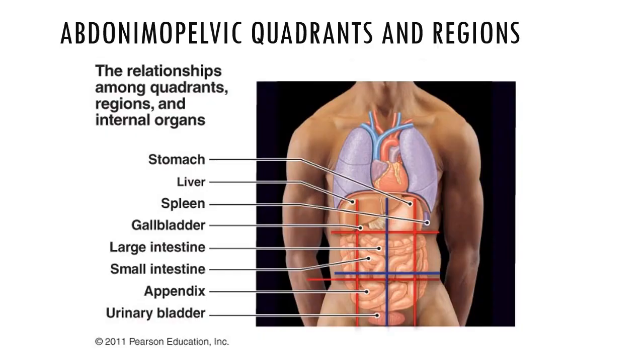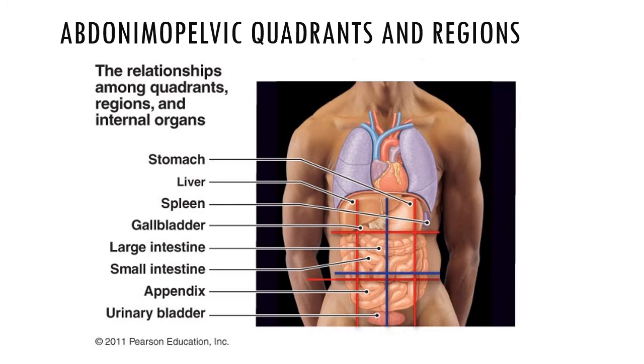Now, the abdominal and pelvic region has a lot of organs in it, so we've divided it up. We can divide it up into 4 quadrants, or we can divide it up into 9 regions. And it's important to know these quadrants and regions and what organ resides in them when you're dealing with someone who has an abdominal complaint.